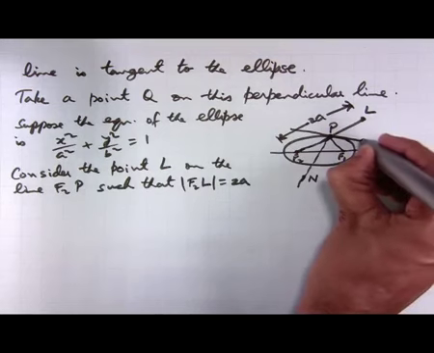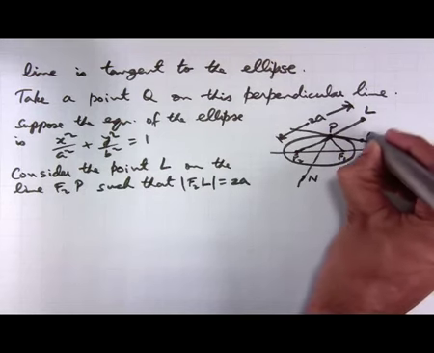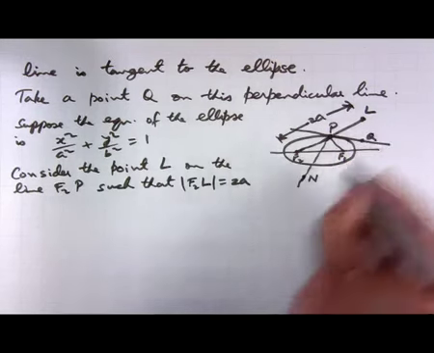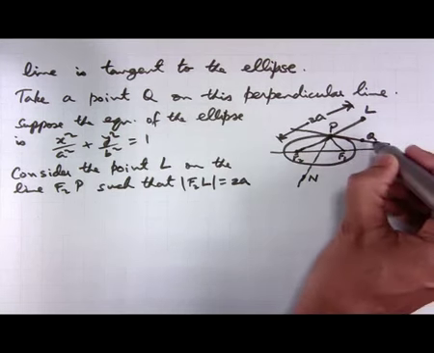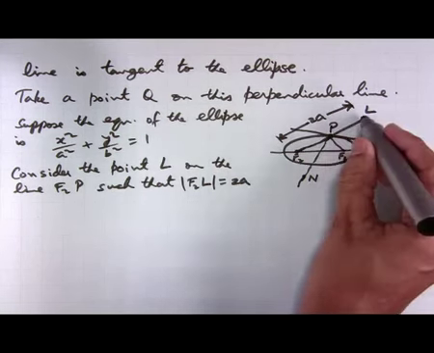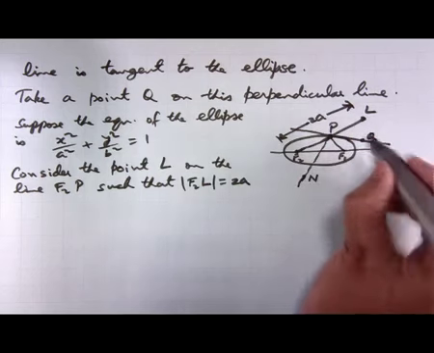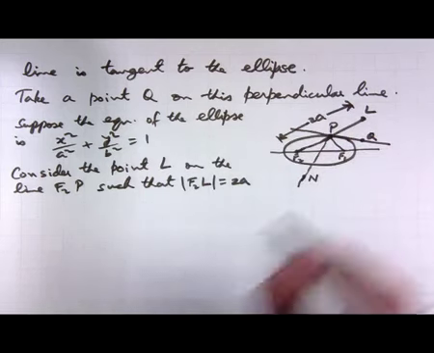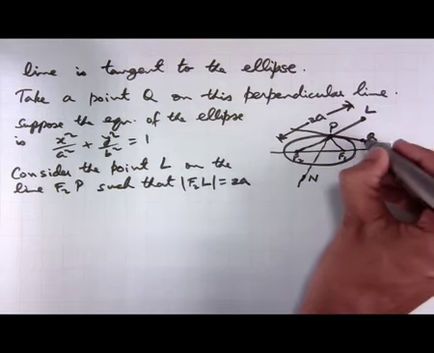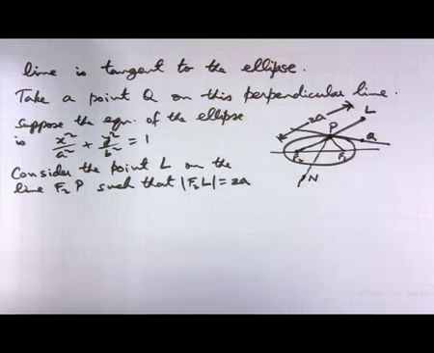Now, we take any point Q on this line, we have to prove that this Q lies outside the ellipse. So, this distance is 2a.